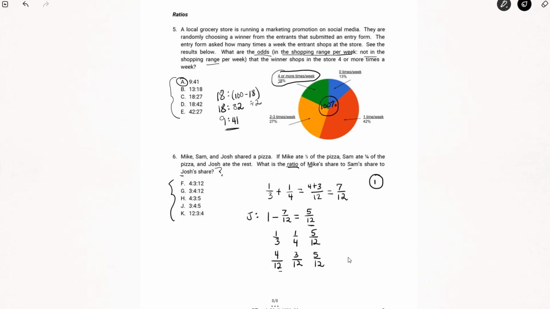So now that I have the same common denominator, I can set these up as ratios with, again, Mike to Sam to Josh. That's what I've got here, this order. So I'm going to look at the numerators, 4 to 3 to 5. That's my Mike to Sam to Josh. And that comes out to be option H, 4 to 3 to 5.